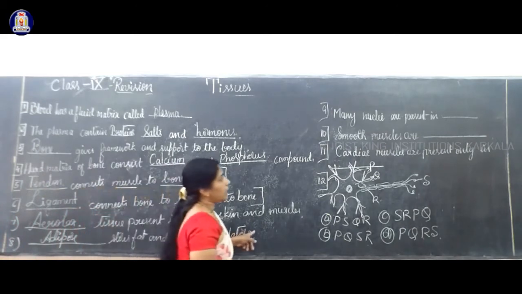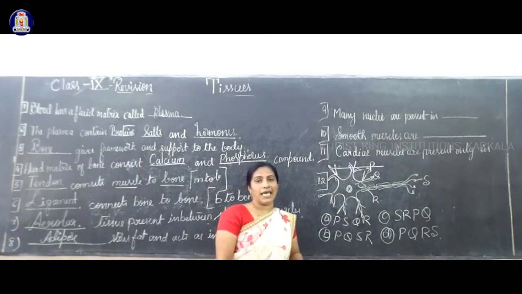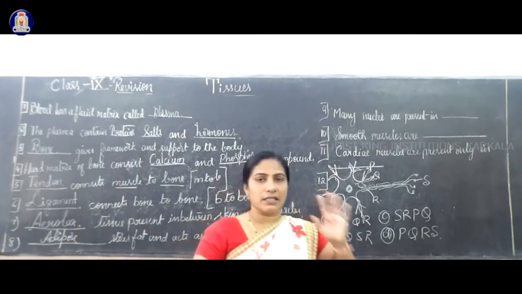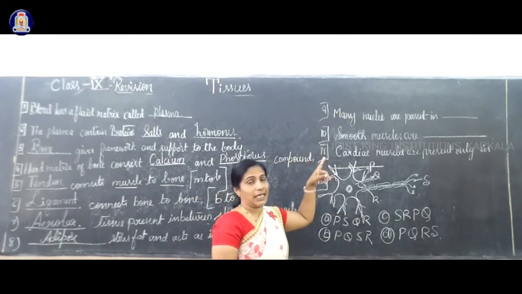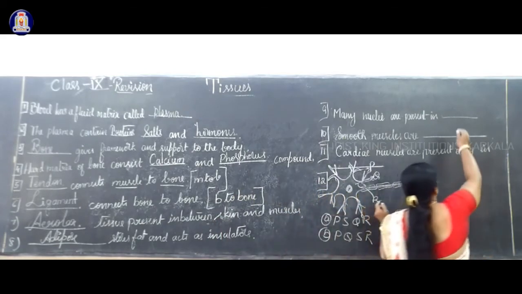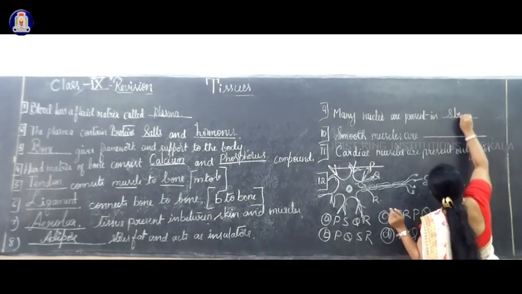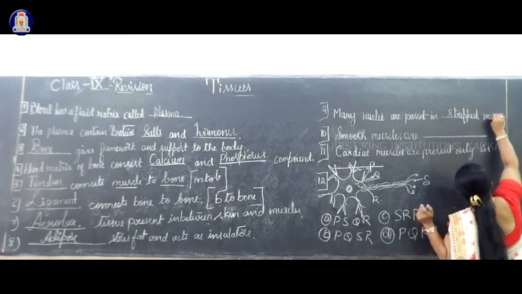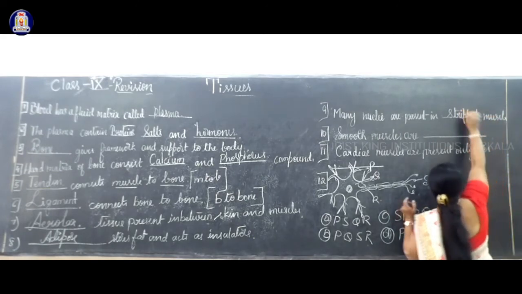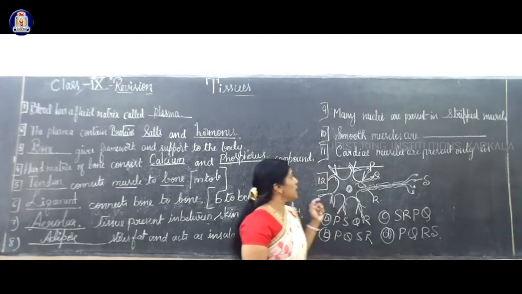Next, many nuclei are present in dash muscles, whether it is striped, unstriped, or cardiac. Many nuclei are present especially in striped muscle. In striped muscle, many nuclei are present.